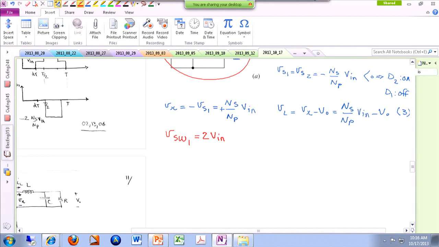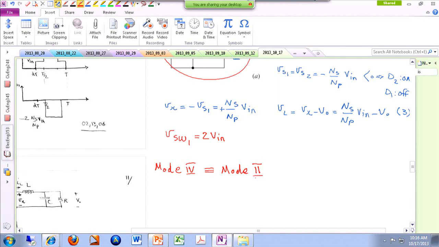So this was all about mode number 3. And mode number 4 is exactly the same as mode number 2.